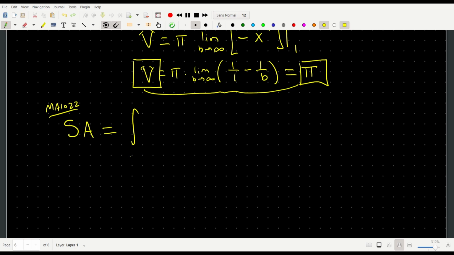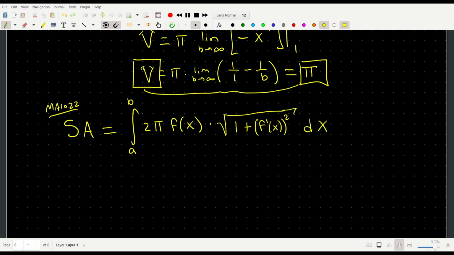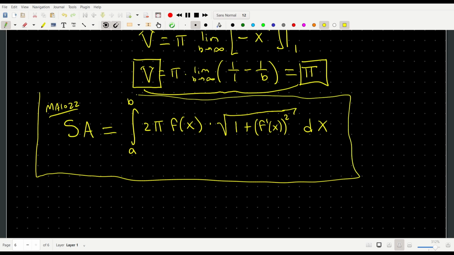It's the integral from A to B of 2 times pi times the function times the square root of 1 plus the derivative of the function squared, which admittedly is a little bit more complicated than the formula for volume.